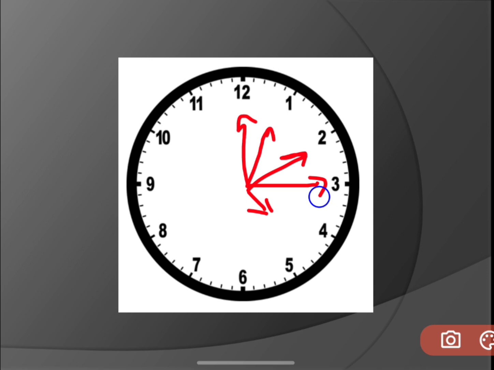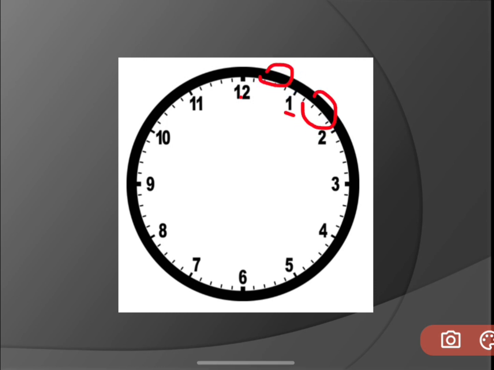Yesterday we learned that in between the numbers you have four small lines. Those are the minutes. Here it is 5 o'clock, 3 o'clock, when the longer hand is on 12.